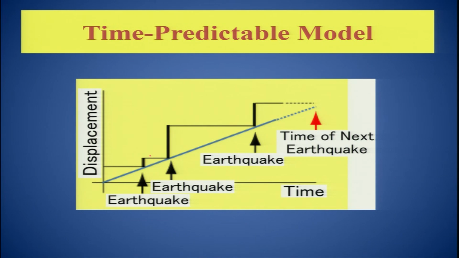This also helps us understand that if the entire accumulated strain or energy has not been released, or has been released by a small, moderate or large magnitude earthquake, then the actual slip is available, or you can say the slip deficit will trigger another earthquake in a very short period.